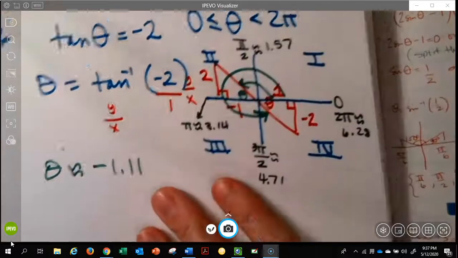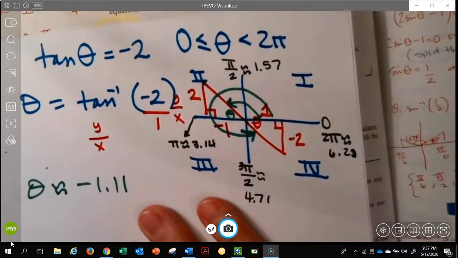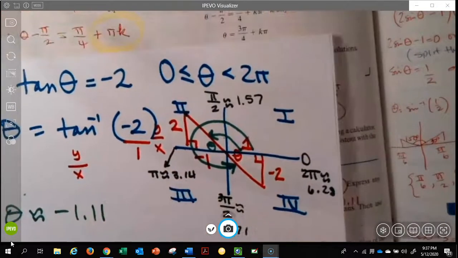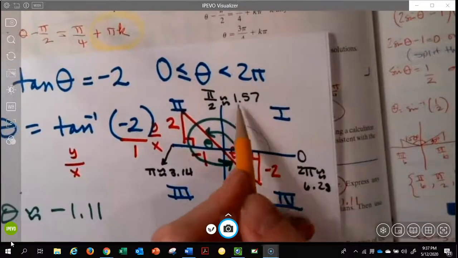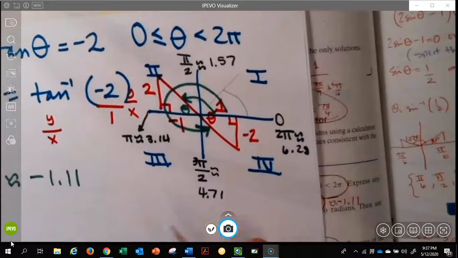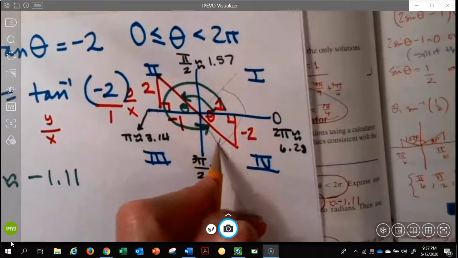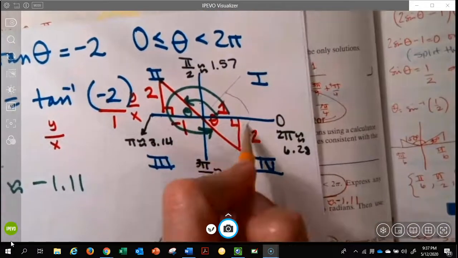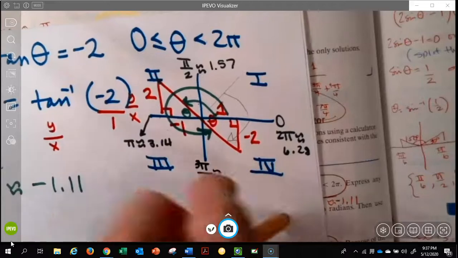Wrong. It's -1.11, which means, let's see for a second, if from here to here would be 1.57, that would be 1.11 going the positive way, but I'm going -1.1 going this way.